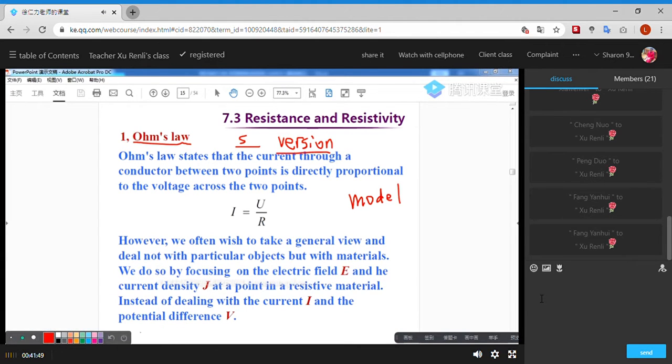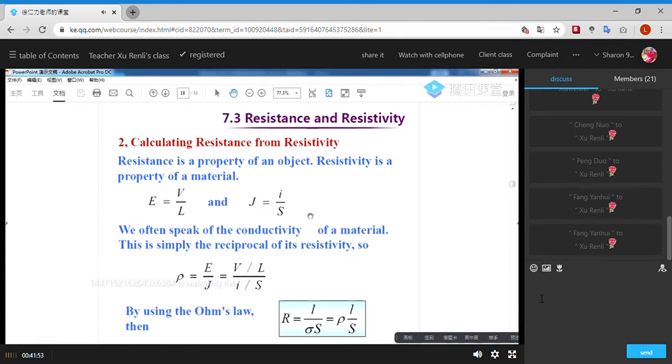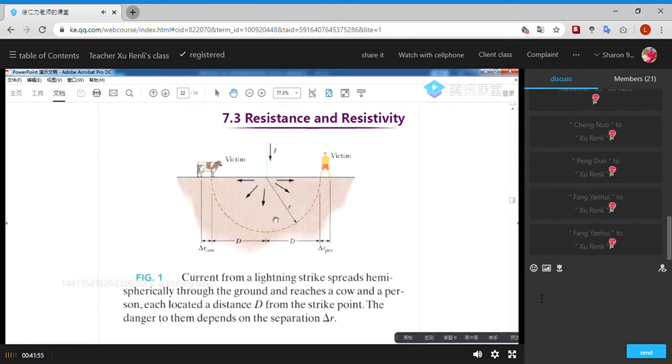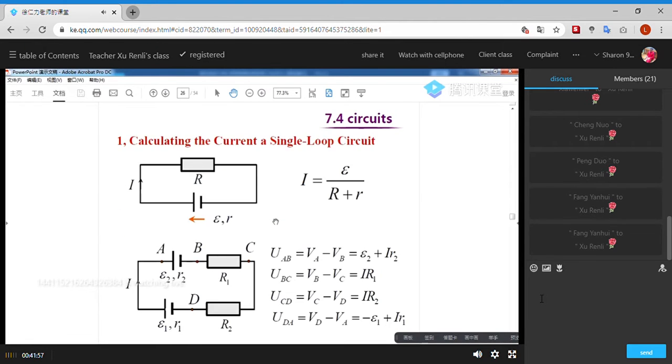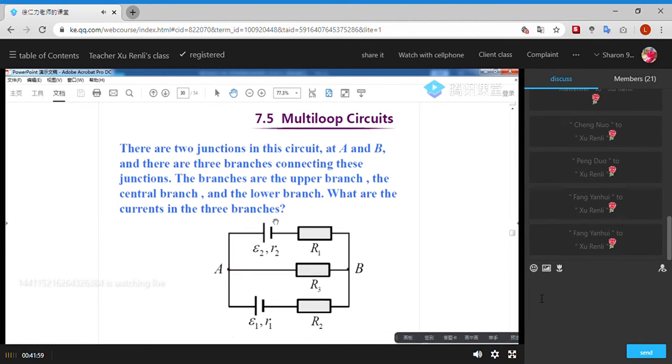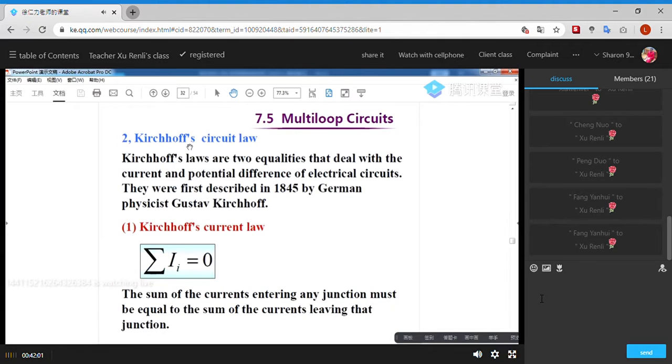So let's turn to the Kirchhoff's law. What's the Kirchhoff's law? Here is the Kirchhoff's law. Kirchhoff's law contains two equations.